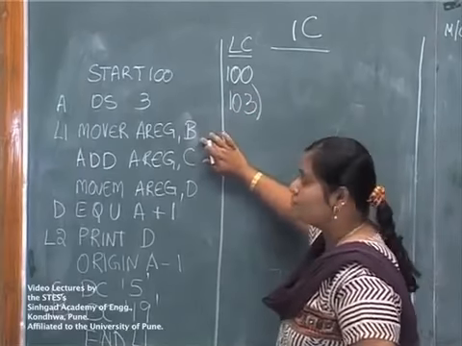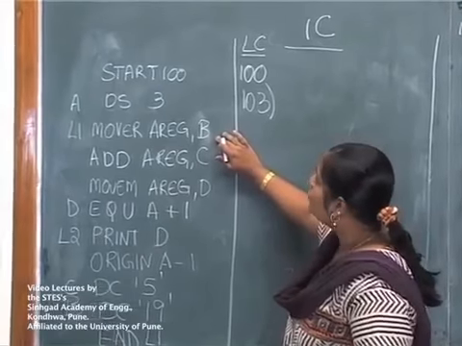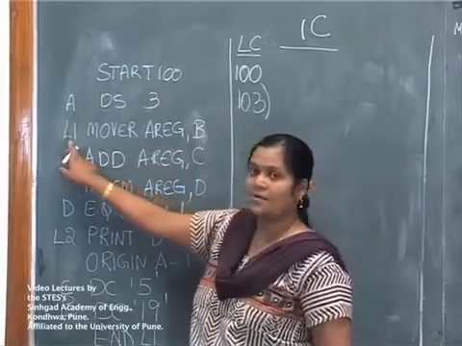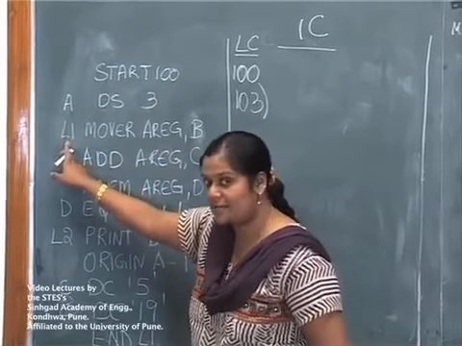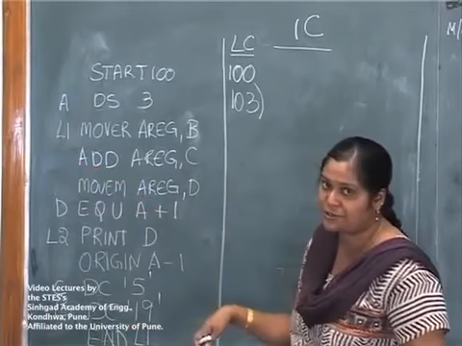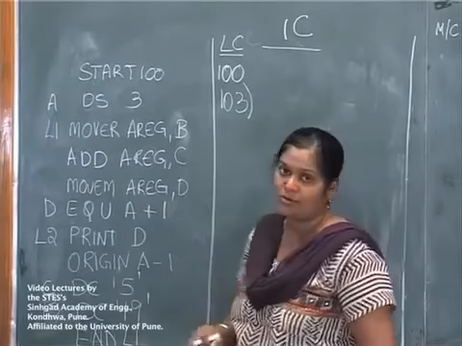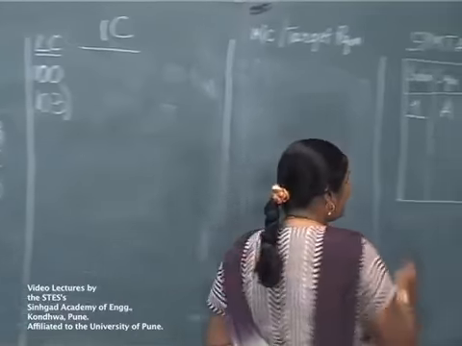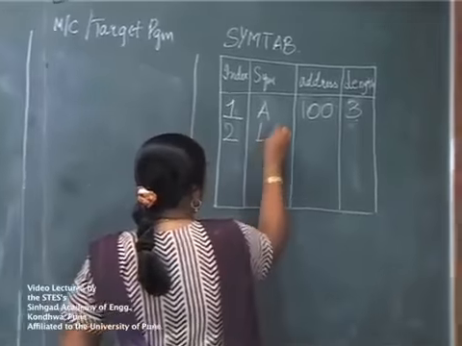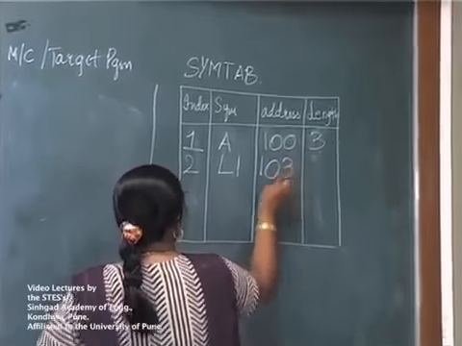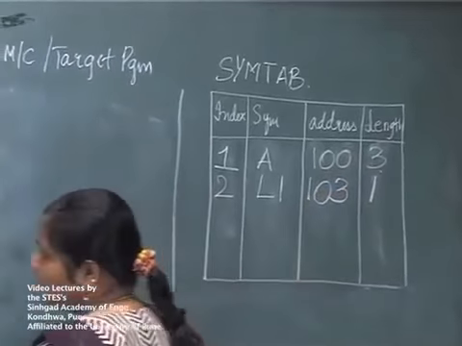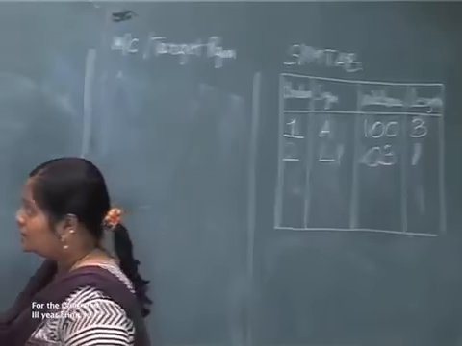Now when it comes to processing this statement, what you observe is that we have a label L1. So when you say L1 is a label, you have to enter it into our symbol table and put the associated location counter value. So in the symbol table you will enter 2, you will write L1 and you will write 103, and it occupies only 1 memory location.